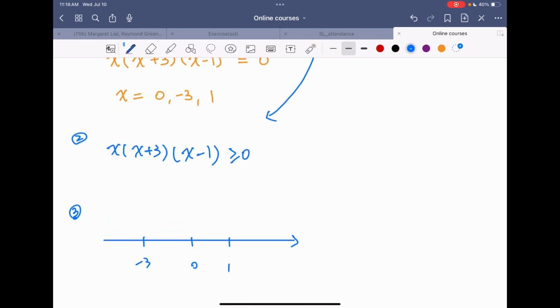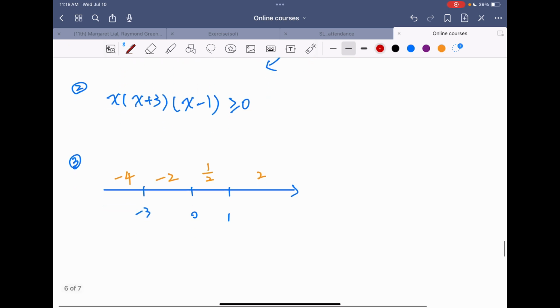And then we're going to pick a number for each area. So for this area we're going to pick minus 4. This we're going to pick, let's say, minus 2. Okay, and for this area I'm going to pick 1/2, and here I would pick 2. Then there's a small tip for validating the areas.